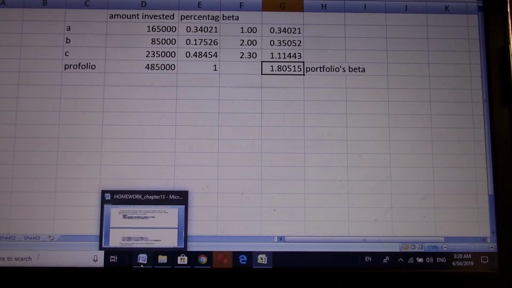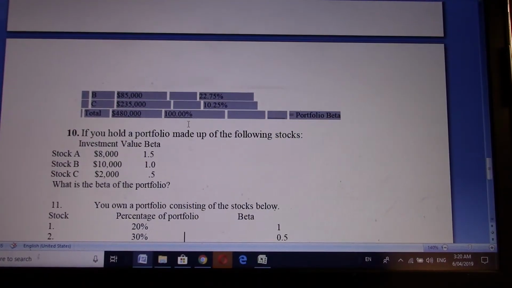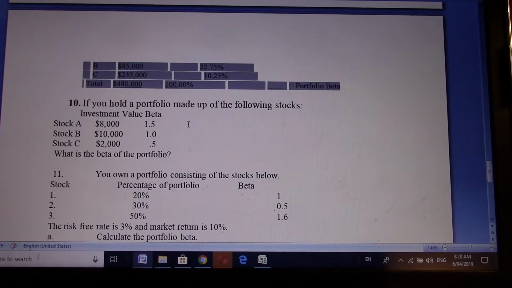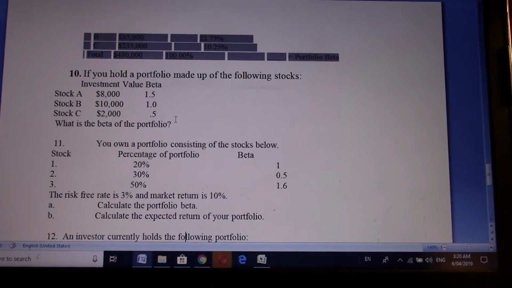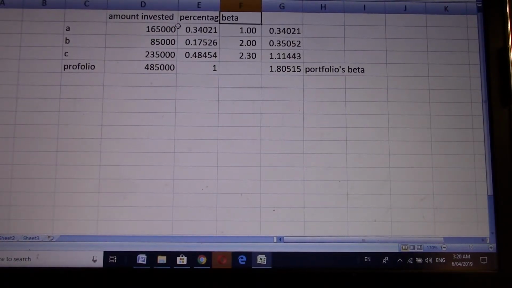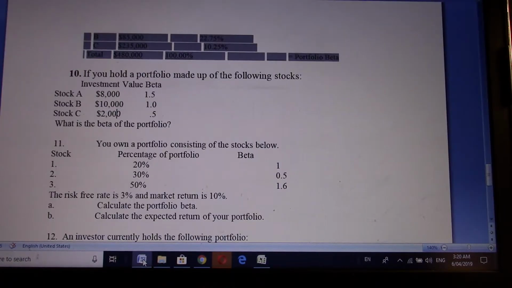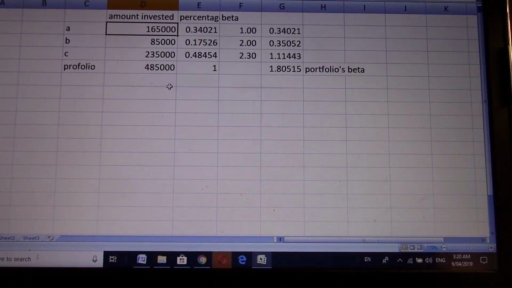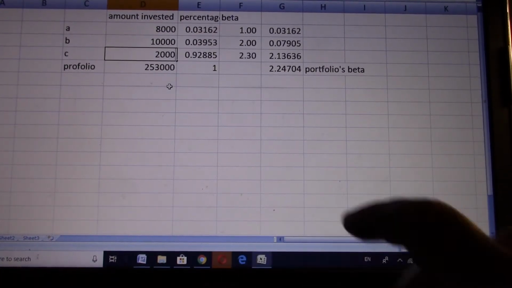Okay, so this is the question. Now let's do question number 10. Question number 10 is similar. We can use the table we just made. Let's say also 3 stocks, 8,000, 10,000, 2,000. Let's do that, but change return to beta. It's 8, 10, 2. 8,000, 10,000, 2,000.